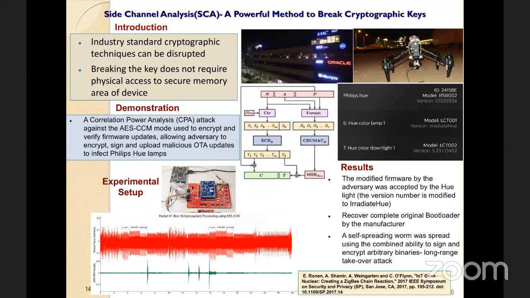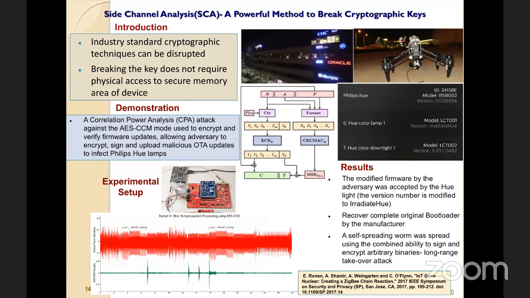So the attackers resorted to side channel attacks, and they did what is called a correlation power analysis, which I will talk about a little in my presentation. This attack is called CPA. You can see this power trace, and from it, after some statistical analysis, they were able to recover the 128-bit secret key.